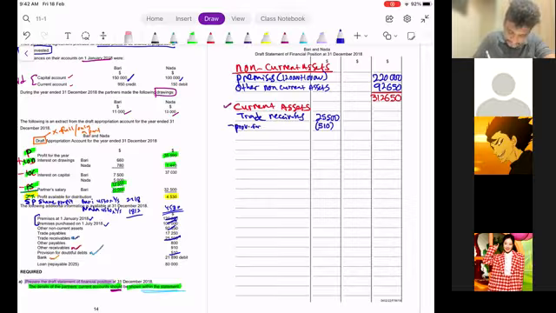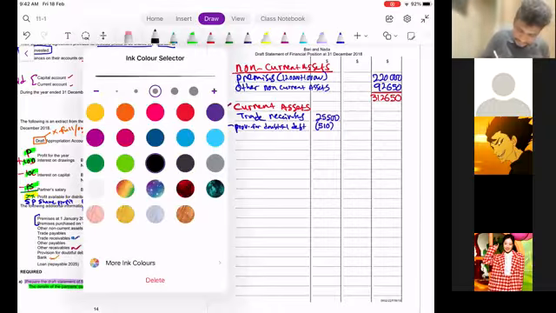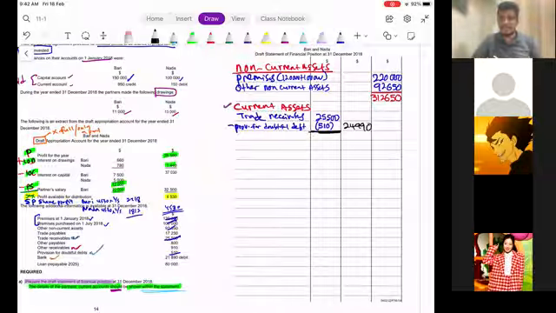Provision for doubtful debt. So 25,500 minus 510, I get 24,990.